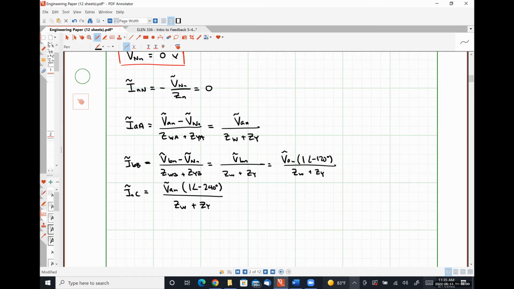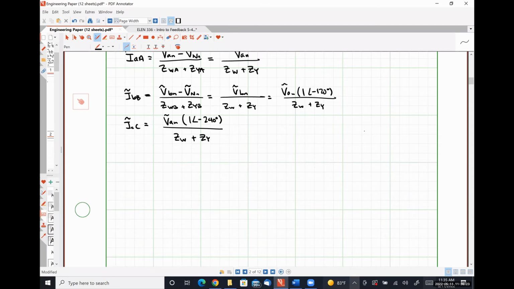All right, so for a balanced 3-phase YY system, we can actually break it down into 3 equivalent single-phase systems, okay?